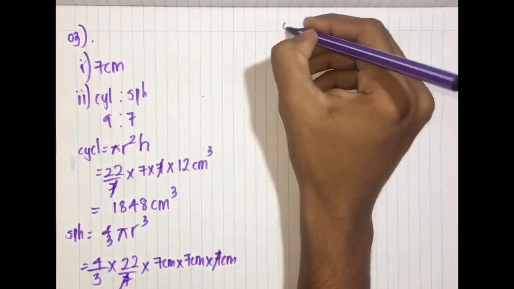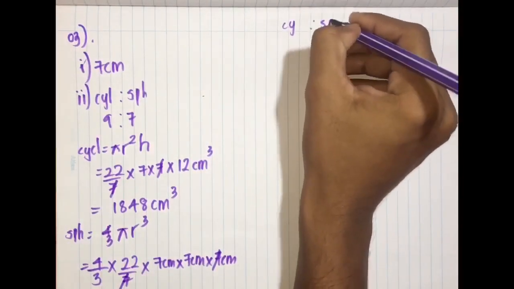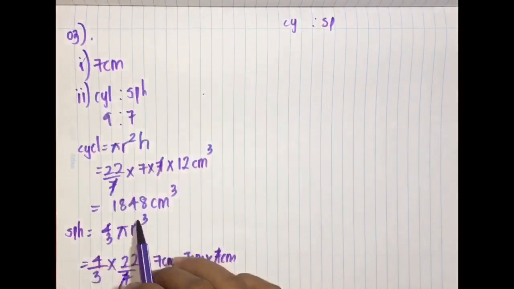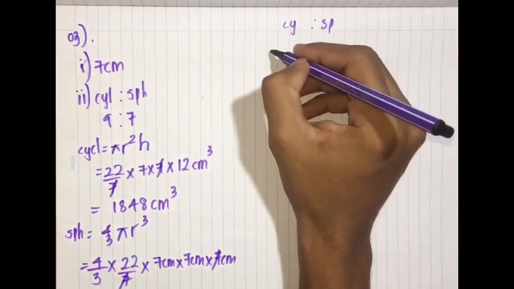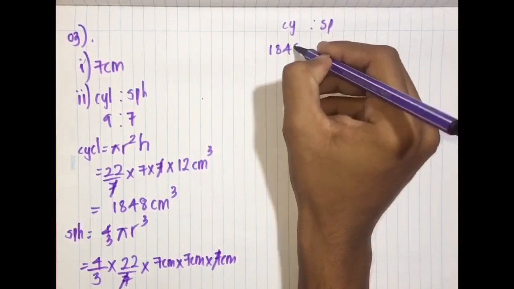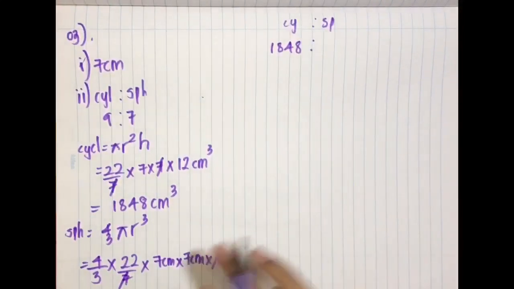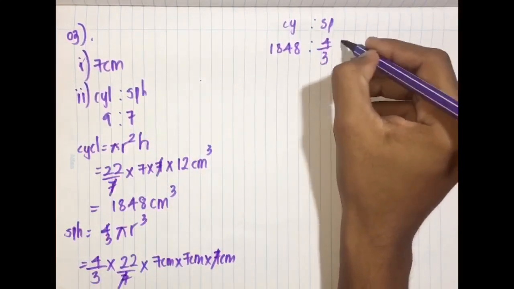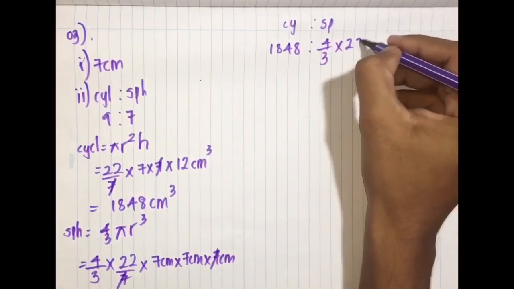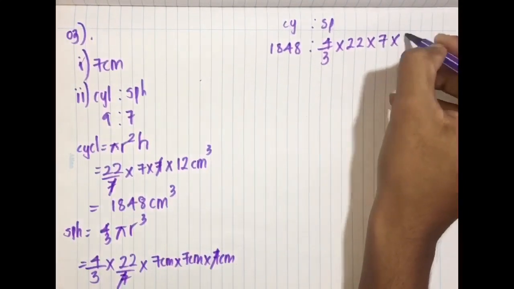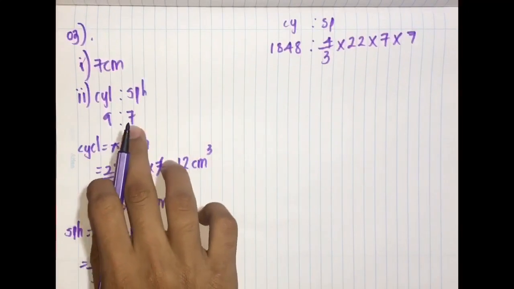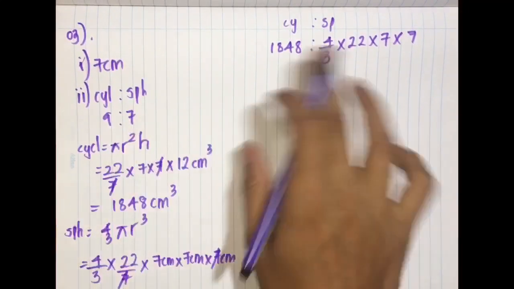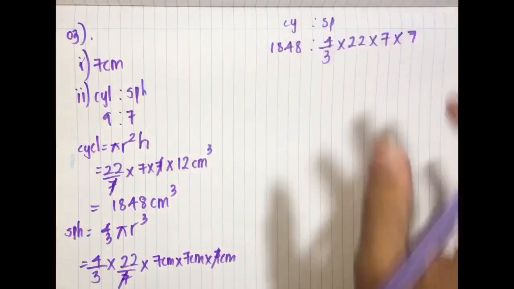Okay, that is between cylinder and sphere. What was the total volume for the cylinder? 1848. Units will be cancelled off. Here, before simplifying, you have 4/3 multiplied by 22/7 into 7 into 7. Now finally you have to get 7, no? That means you have to somehow simplify with all other terms.